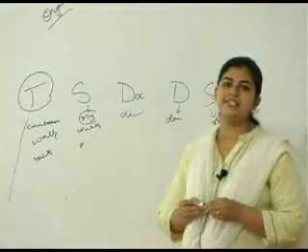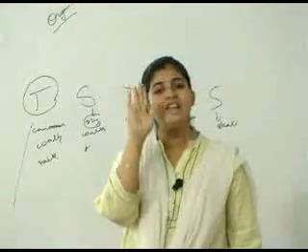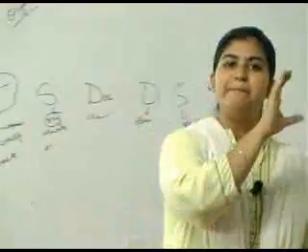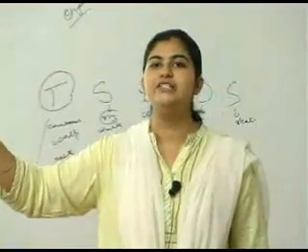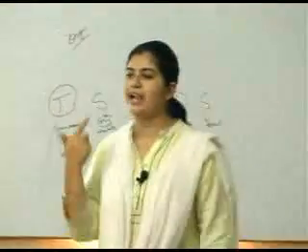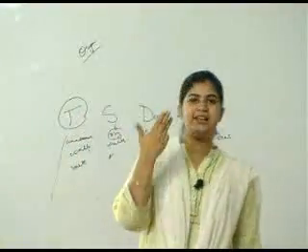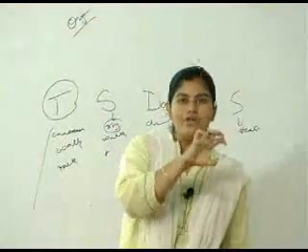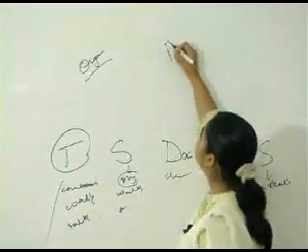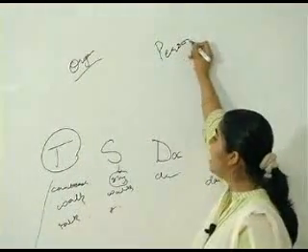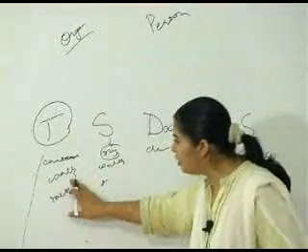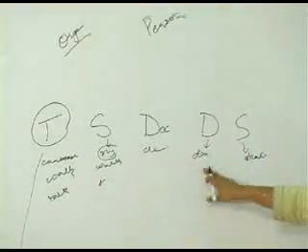Instead of doing this, I am going to create only one class called person, with the basic functionality of all these professionals. That is, I can talk, I can walk, I can smile, I can cry, I can laugh. All this basic functionality I am going to put into this class called person, so that there is no need for me to write the code here, here, here, here, here.